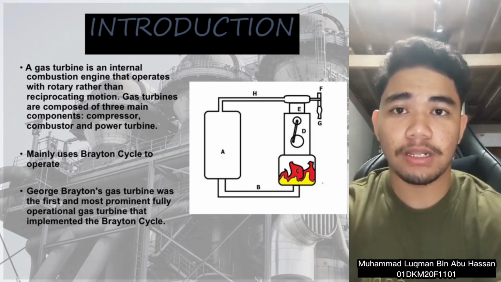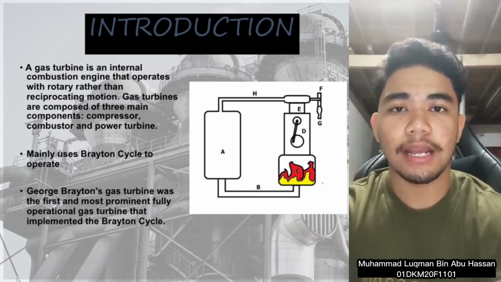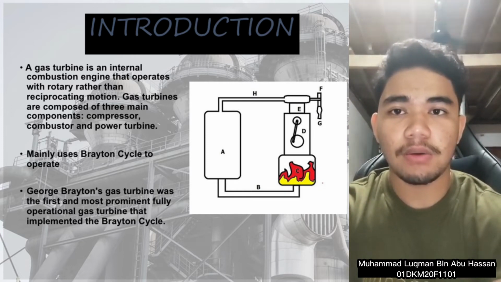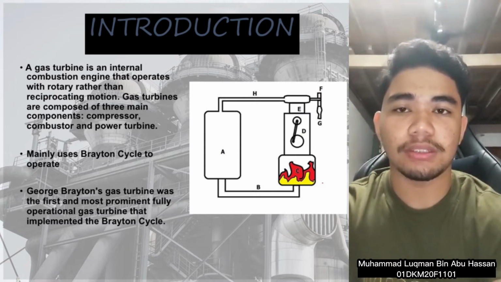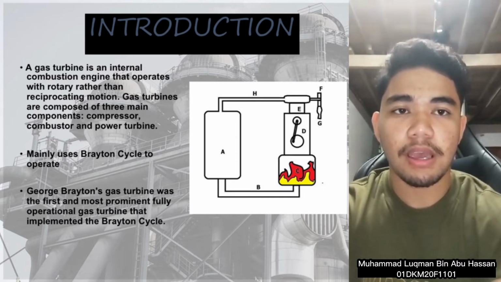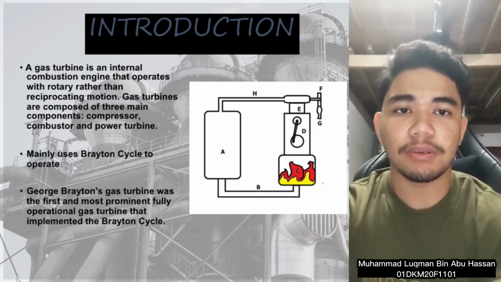A quick qualitative look at how the Brayton cycle works is by reviewing how a jet engine works. A gas turbine from a jet engine sucks in atmospheric air from the front of its engine, and it is compressed into the combustion chamber.